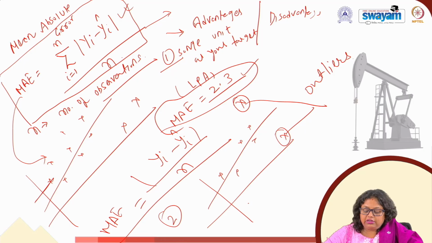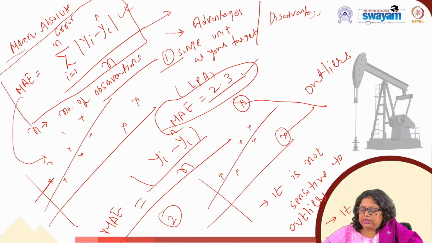This method, the mean absolute error, is not sensitive to outliers, it can handle outliers, or we can say it is robust to the outliers. So this is about the mean absolute error.